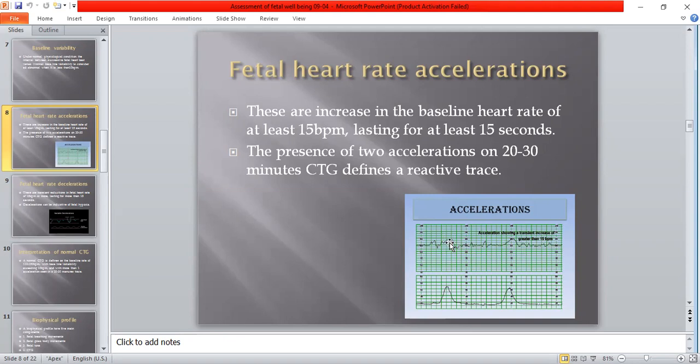This is one acceleration, and this is another acceleration. The presence of two accelerations in a 20 to 30 minute CTG defines a reactive trace, and fetal heart rate acceleration is a very good sign of fetal health.